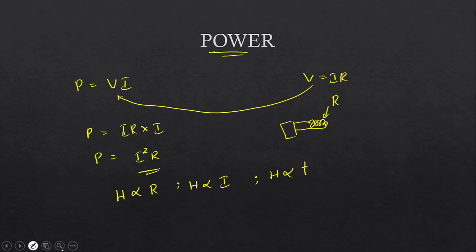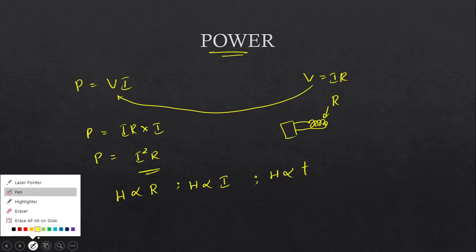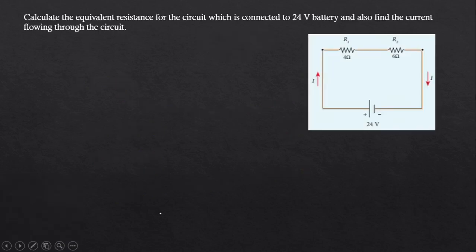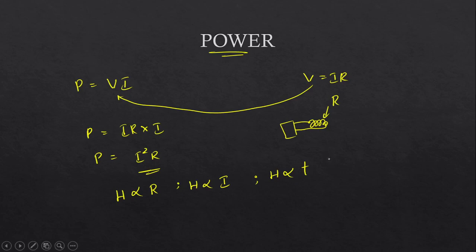So I'll reduce this to a proportionality. The heat energy dissipated is proportional to power. Heat energy dissipated is proportional to the time taken.